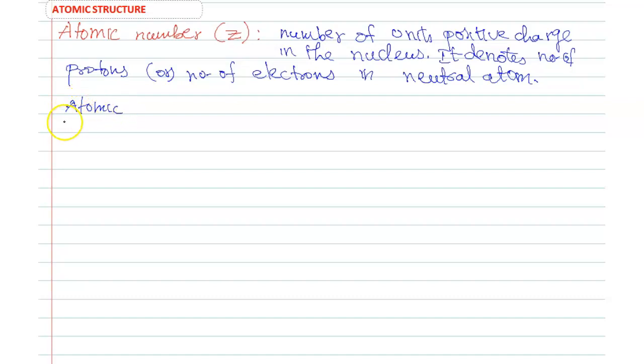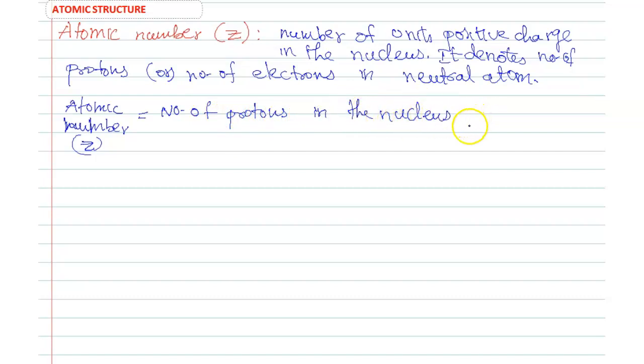Atomic number Z equals the number of protons in the nucleus of an atom, and it is equal to the number of electrons in a neutral atom.